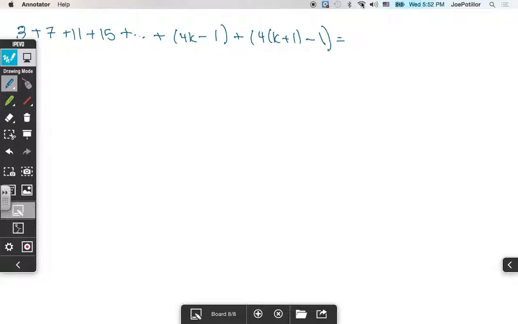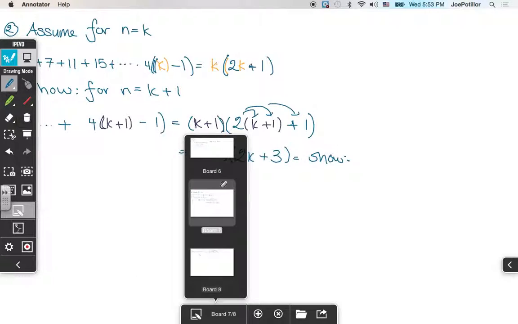Okay. So the idea here, we have pieces of a puzzle. The idea is we're trying to form the pieces of the puzzle here. So this piece of the puzzle is what we call S of k, or our P of k from earlier. Right? That's from the earlier piece of the puzzle on the previous page.